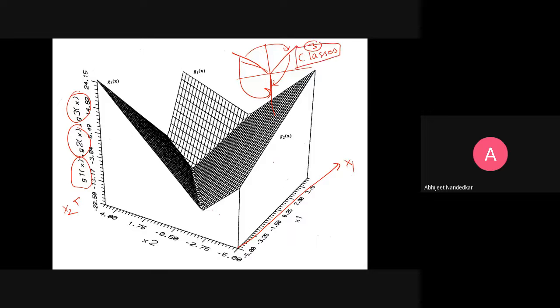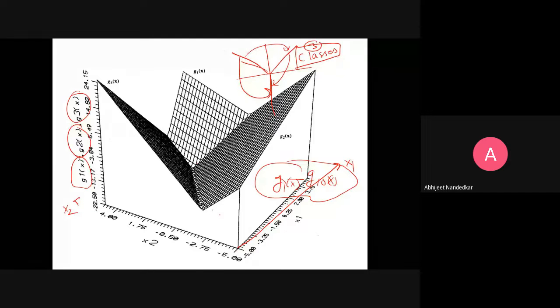Suppose there are 10 such classes, then we have to design 10 such functions, G1x to G10x, and we can solve such a problem. Note that these are linearly separable classes. So what we are dealing with is a typical case, which may not be practically useful. Theoretically, it's fine. If the problems are very simple, then you can play with them using these simple techniques.